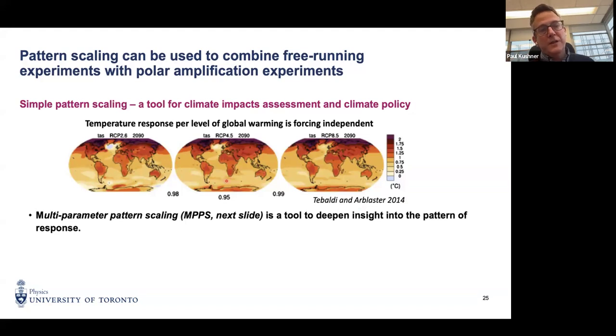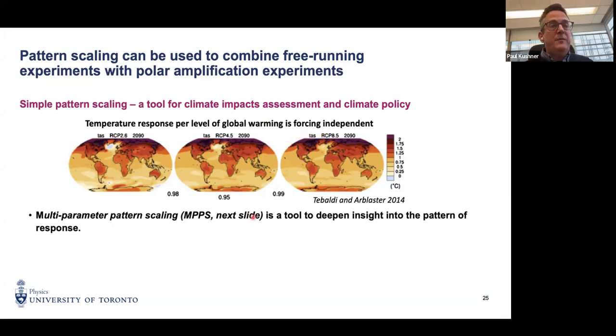So this whole conversation around levels of warming, 1.5 degrees, 2 degrees, and so on, relates to using the level of global warming as a shorthand for how far we are in the global warming process, and what the consequences are for different climate impacts on the regional scale and different socioeconomic impacts as well.